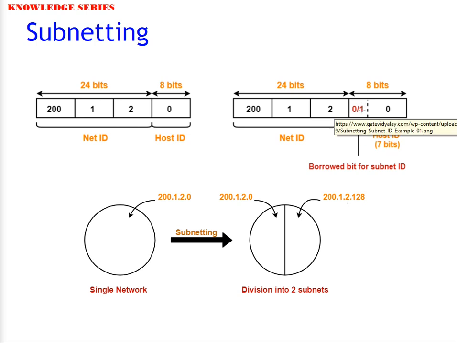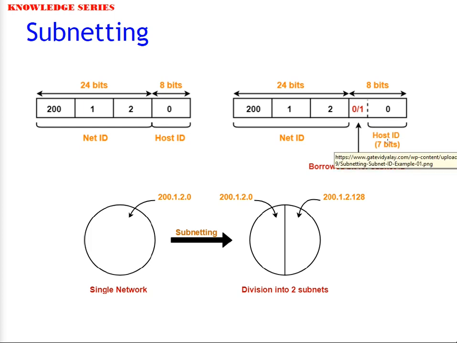If you are taking that host bit, that is a 7th bit, you put it as 0. Now if you go with the 7th bit and it is 1, what is going to happen? It is 128, because everything else is 0.